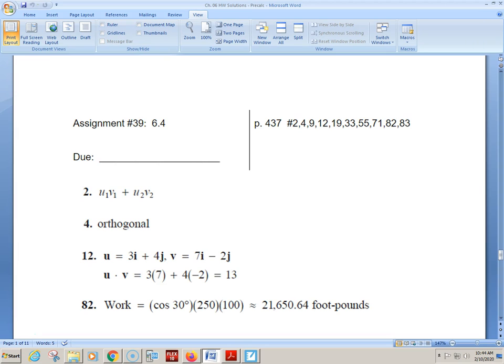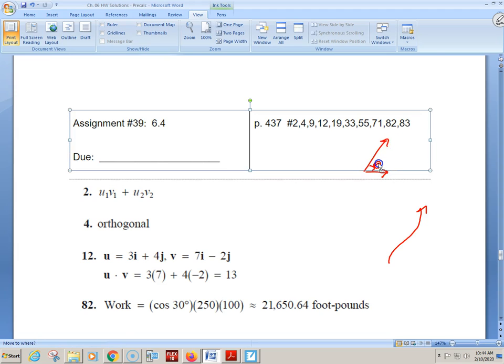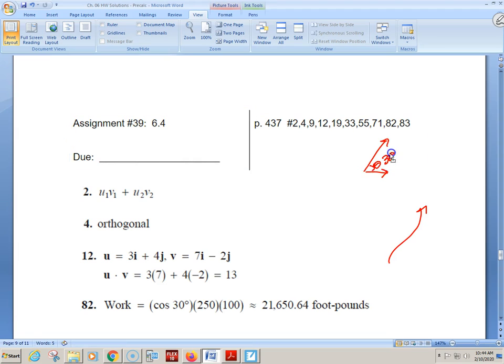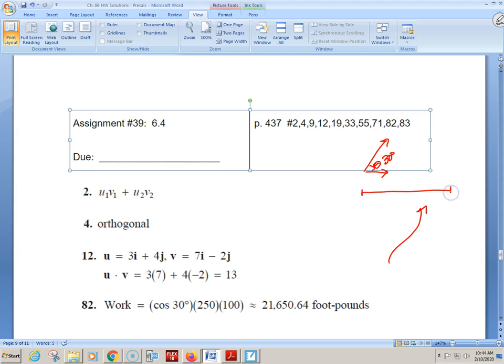Can I just show you the work? You had something being dragged, and as it was being dragged, it was being pulled at an angle. That angle was 30 degrees. It's dragging across the ground a certain distance. What was it?